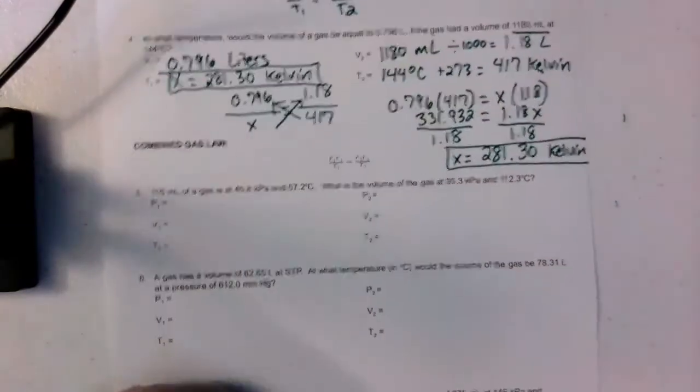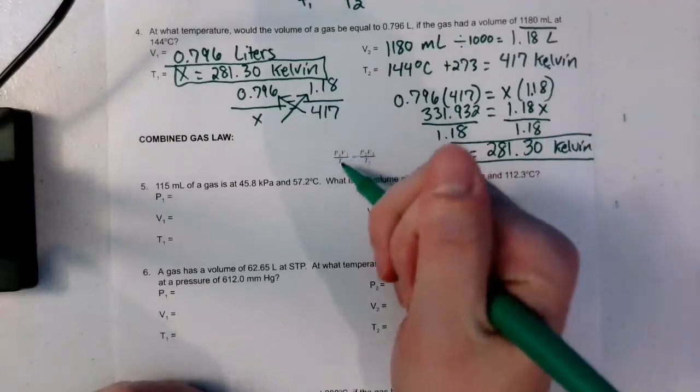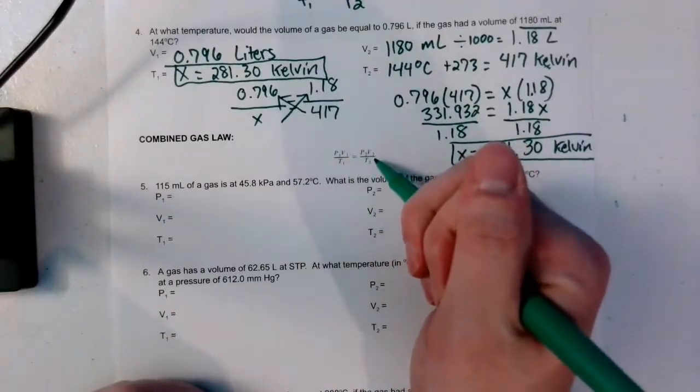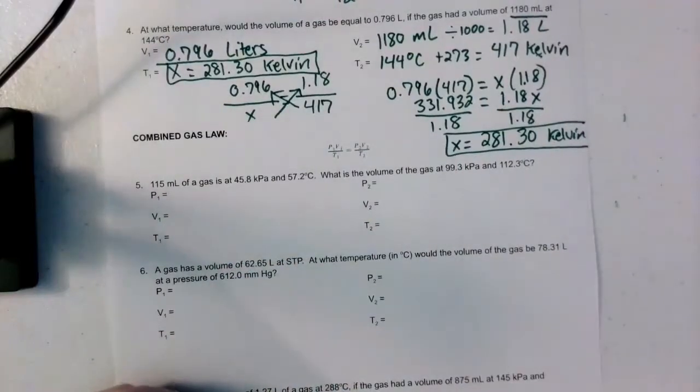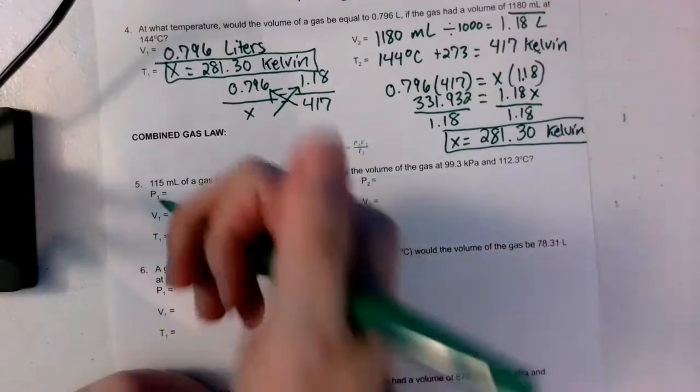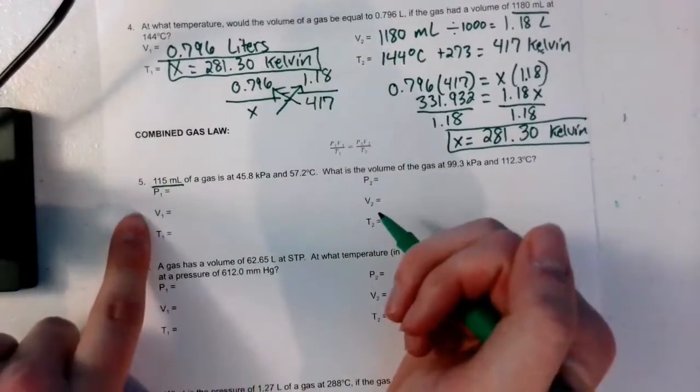So the combined gas law, here's the formula. It printed kind of small, I don't know why, but it's P1 times V1 over T1 equals P2 times V2 over T2. It says 115 milliliters of a gas is at 45.8 kPa and 57.2 degrees Celsius. This first one, 115 ml, is going to be a volume.